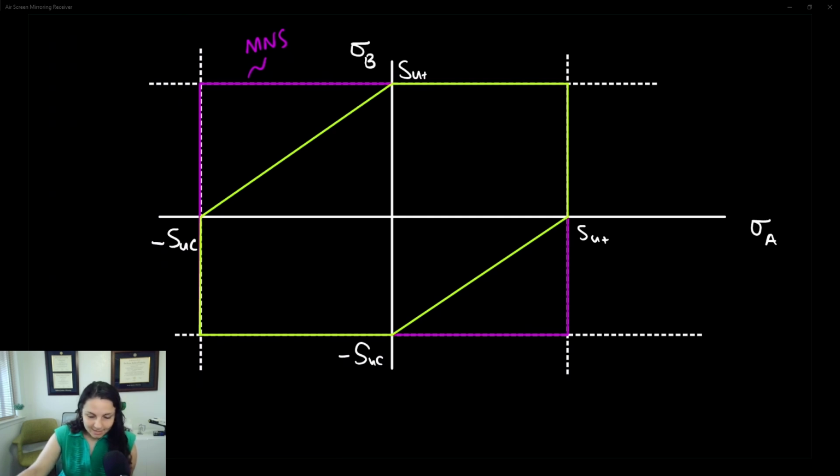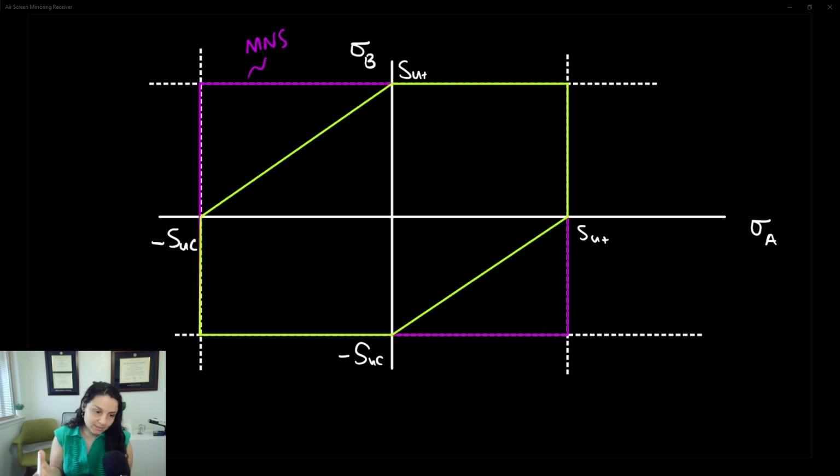And so doesn't that look a lot like the Tresca criteria? It's similar, right? Except that now we have different values for SUT and SUC. So we could have a more elongated look, or a larger, you likely would have a larger SUC side than what I've drawn here.